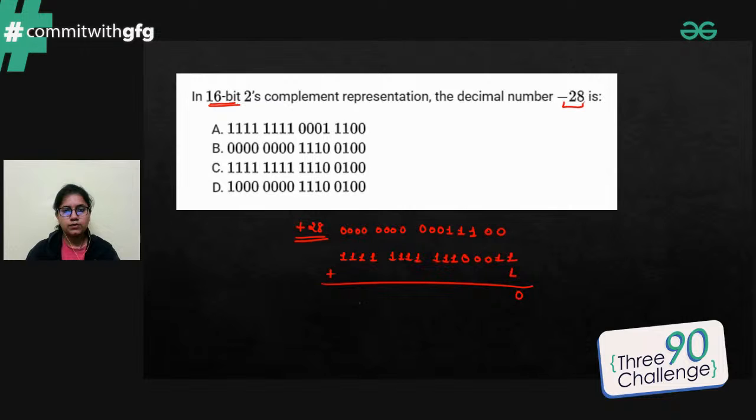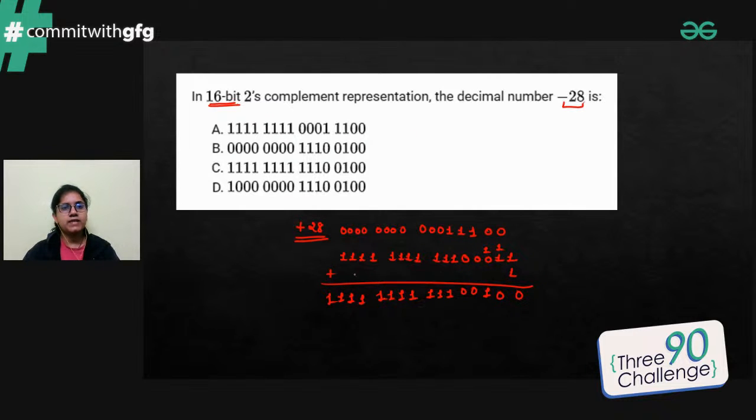So this is 0 1 0 1 1, this is 0 0, this is 1 1 1, and this is 1 1 1 1 here, and this is 1 1 1 1.